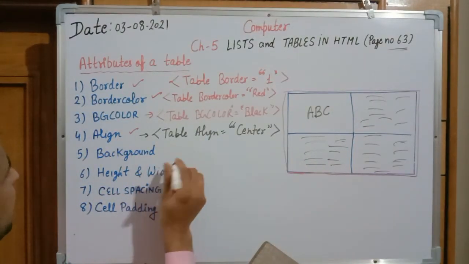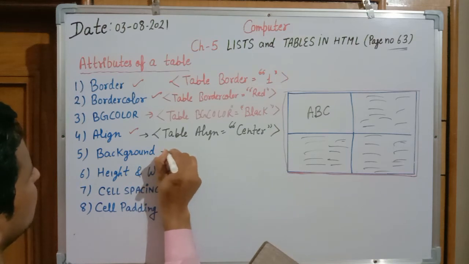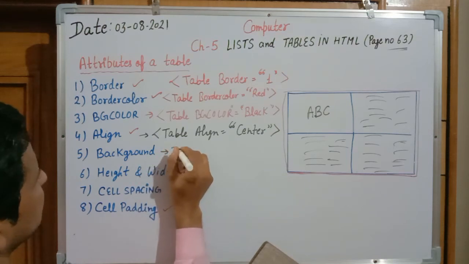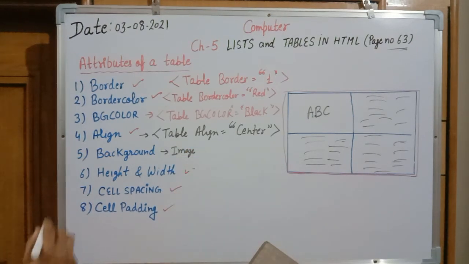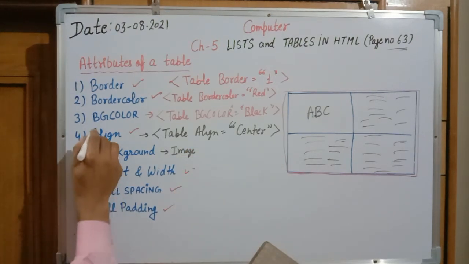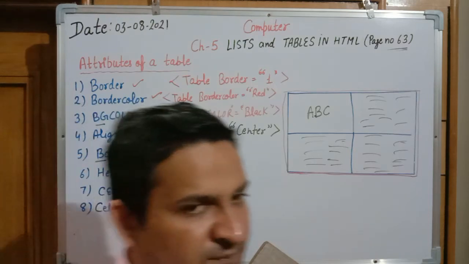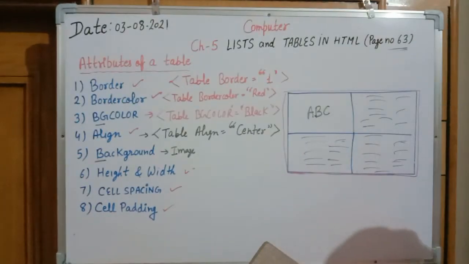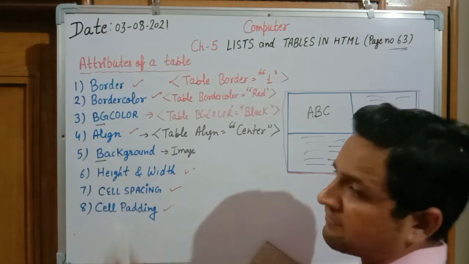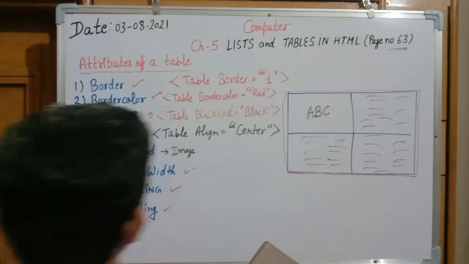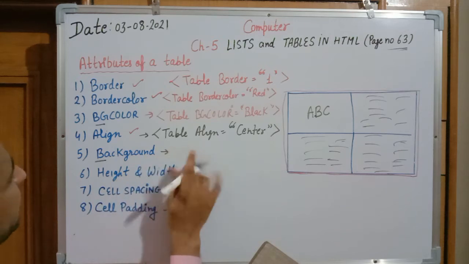Next is background. It is the image that will be displayed at the back of the table. Now see one more thing. If BG color and background both are given, in that case the background will be displayed, BG color will not be displayed, because background contains a picture. So how will we write it?